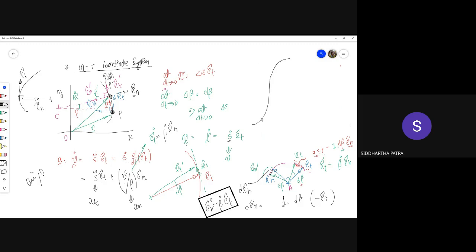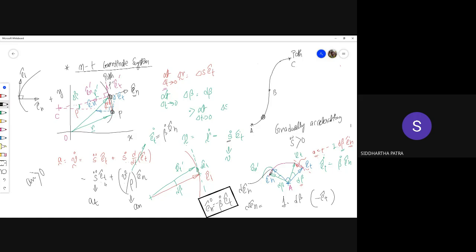Now imagine a particle moves on a path like this. When it is between A and B, imagine it is gradually accelerating. What I mean by that is s double dot is greater than 0.